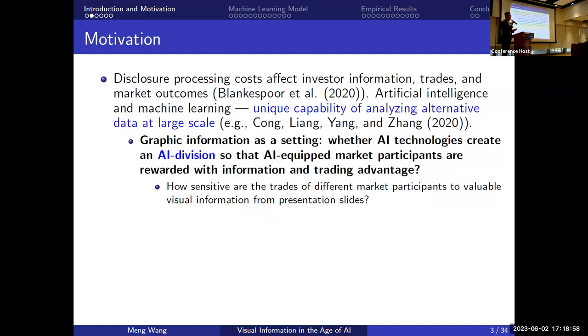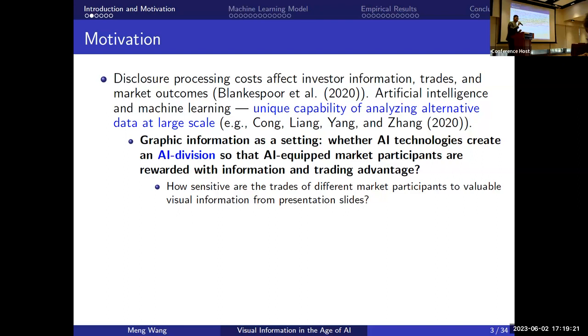And in addition to that, because processing image data is very costly and it might require skills related to artificial intelligence or machine learning, we would like to use the graphic information as a setting to test whether AI technologies have created an AI divide.